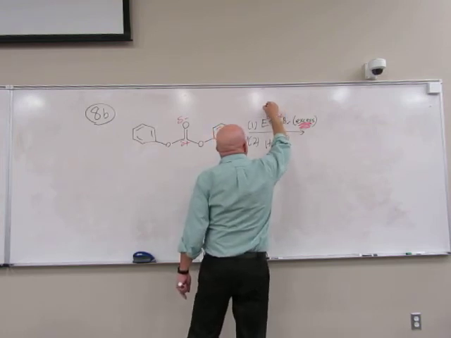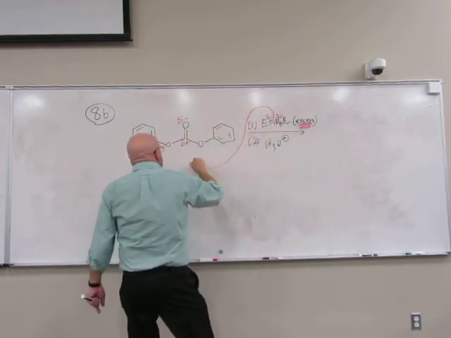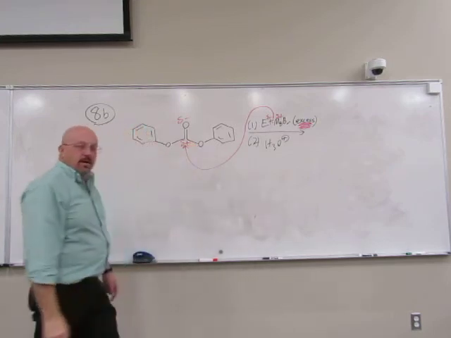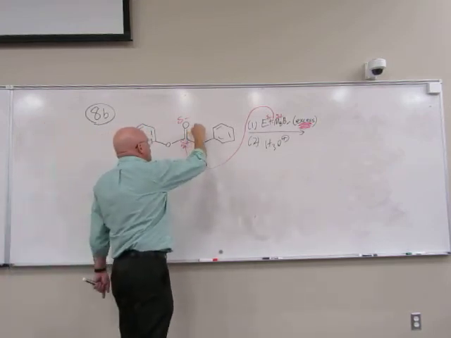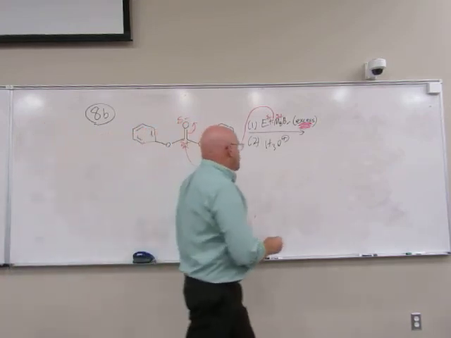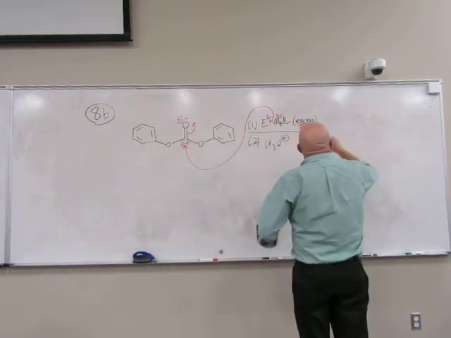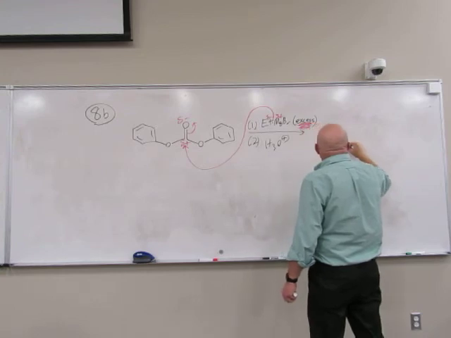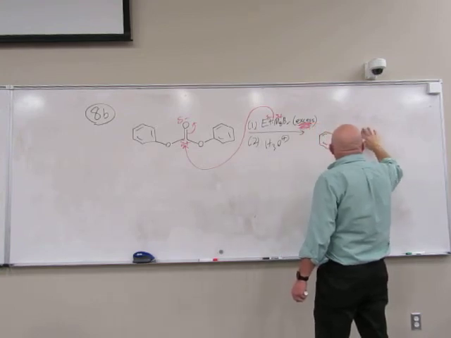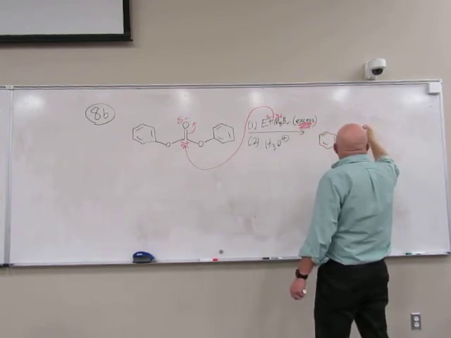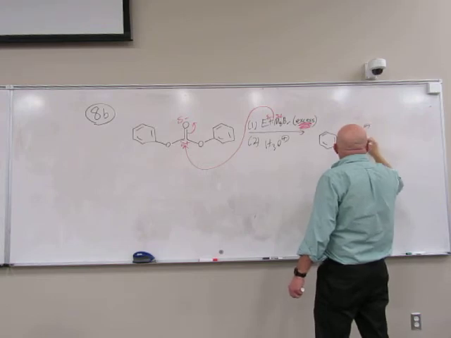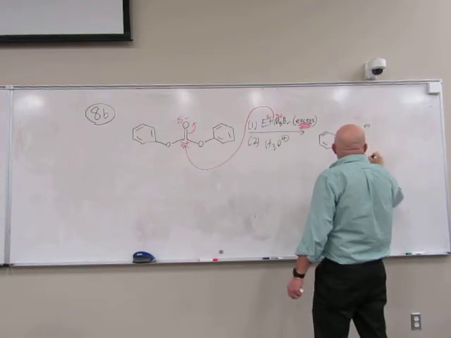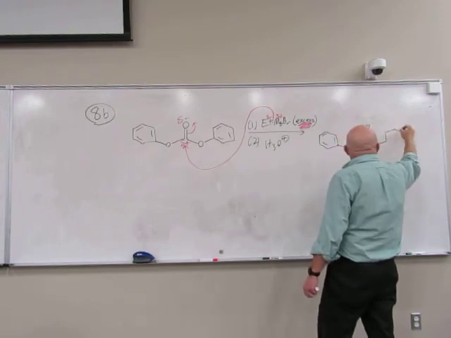That ethyl, with the partial negative, is attracted to the carbonyl carbon because of the partial positive, and we kick the electrons up onto the oxygen. We stuck an ethyl group on there.